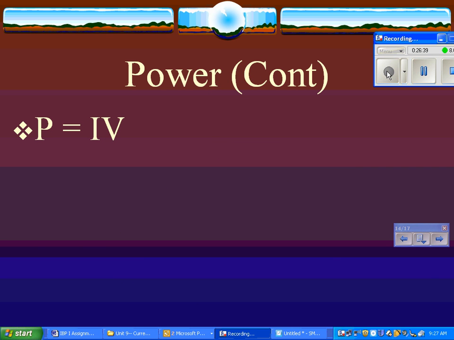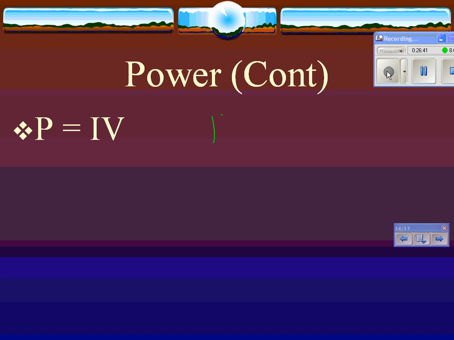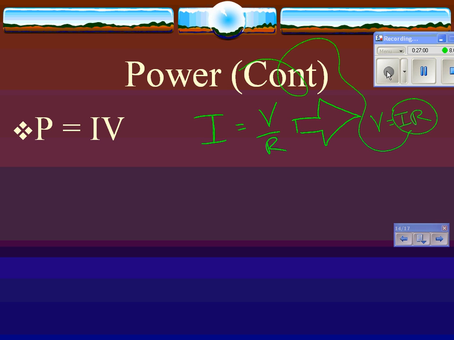But we also had Ohm's law, which said that I equals V over R. So I can take this equation and rearrange it to say that V equals IR. You guys with me so far? Watch this. We're going to get tricky. I'm going to take this now, and I'm going to plug it in for V. So I can plug in IR for V, and what do I end up with?